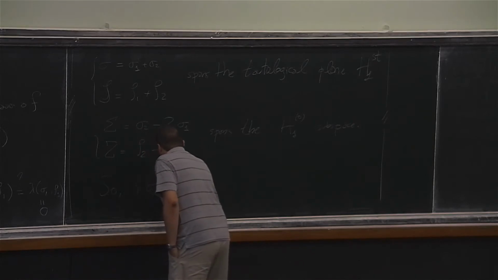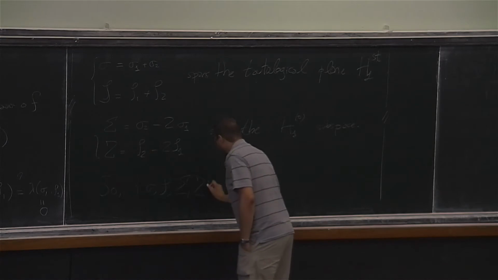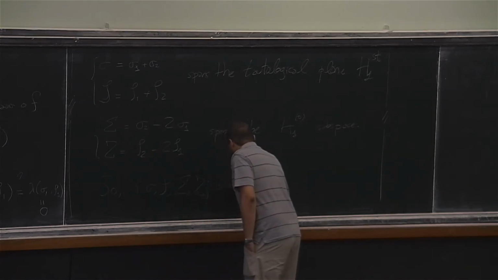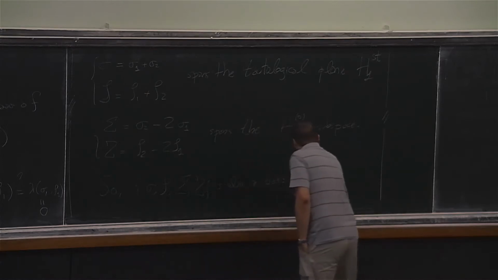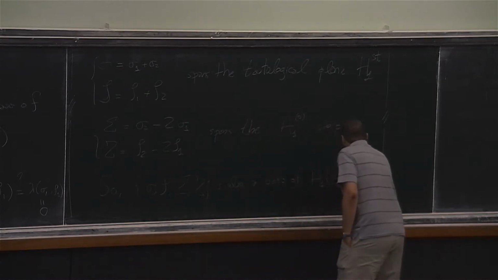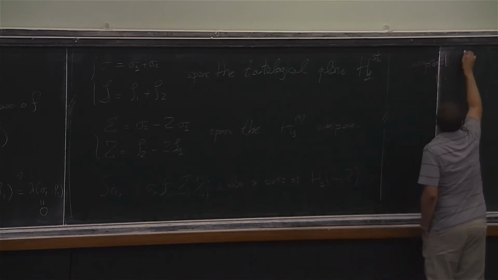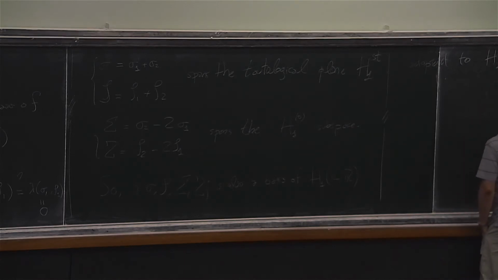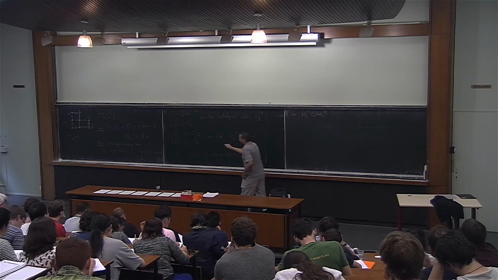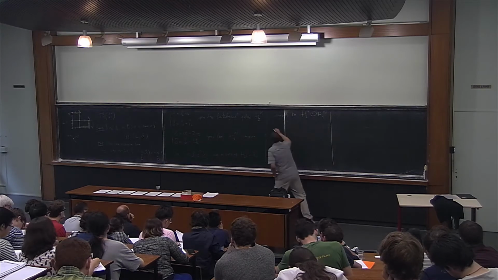Sigma, zeta, big sigma and big zeta is also a basis of H1 LR adapted to this decomposition. The first two are the first part, and the second two. And you're going to see why this is interesting.